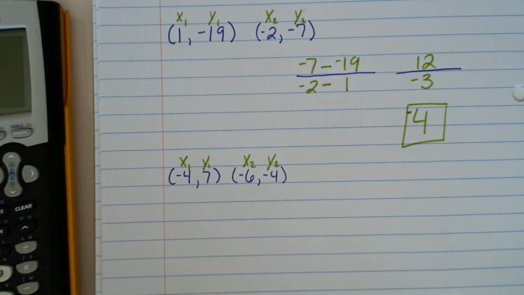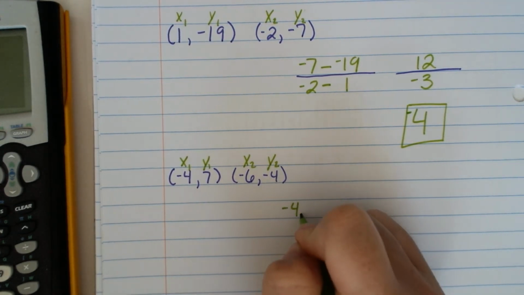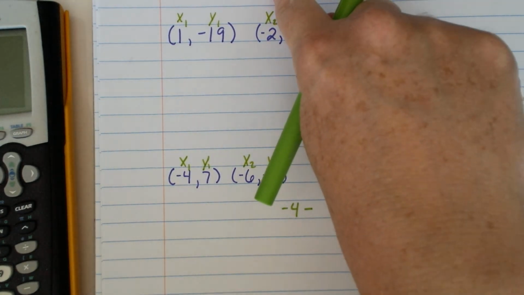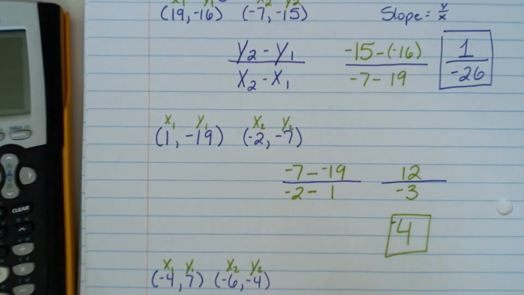Write those points and label those. Now we're going to take y2 minus y1. So y2 is negative 4 minus, we always subtract. If you look up here, y2 minus y1, we always subtract.